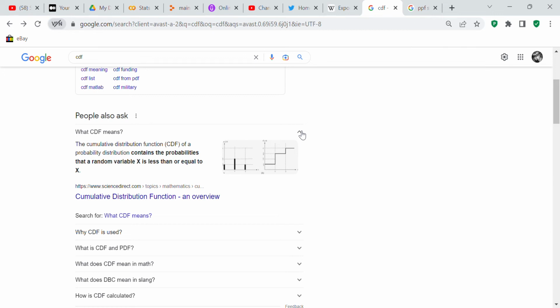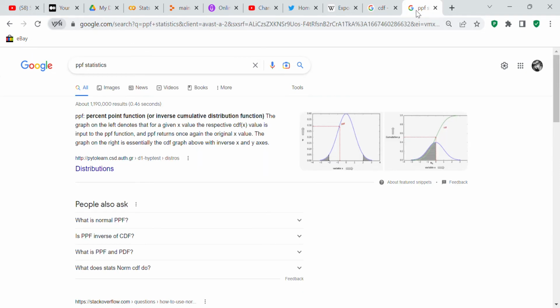Another thing we'll be going into is the PPF. The percent point function, or inverse cumulative distribution function: the graph on the left denotes that for a given x, the respective CDF value is input to the PPF function, and the PPF returns once again the original value.